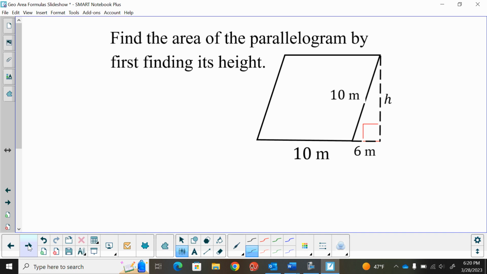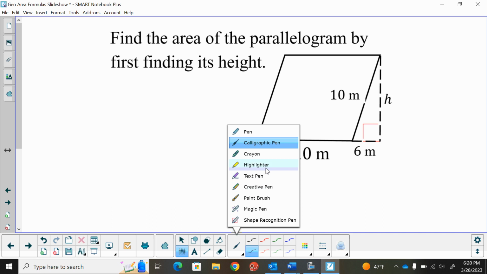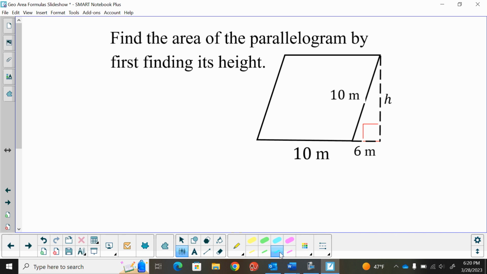All right, next one, find the area of the parallelogram, but first we have to find the height. So some of this information is missing here. So our parallelogram, just highlight that. Okay, so this is the parallelogram we're looking at. We have the base here is 10 meters, and we need to know the height.